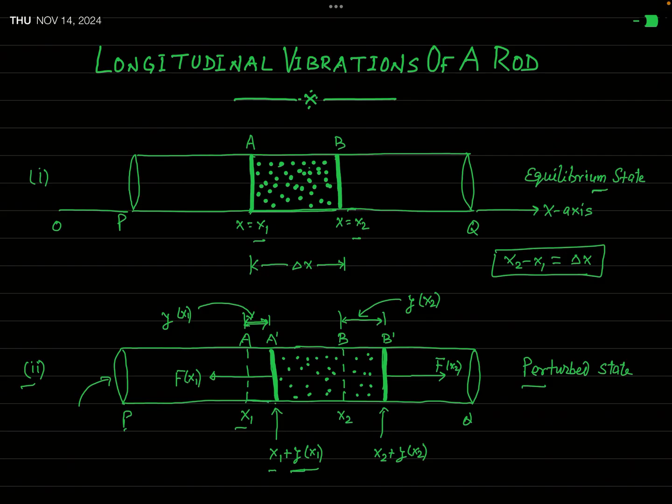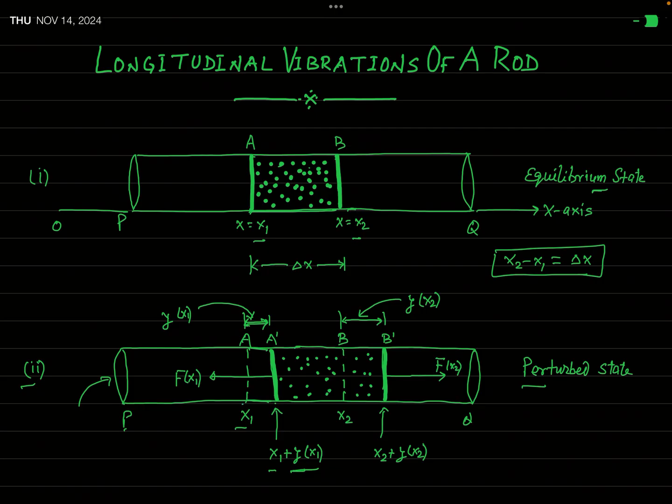So its x coordinate is x1 plus y of x1. Here y has been assumed for displacement, and this y has a value y of x1 for the section A.